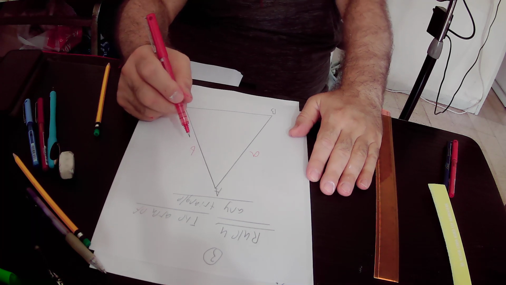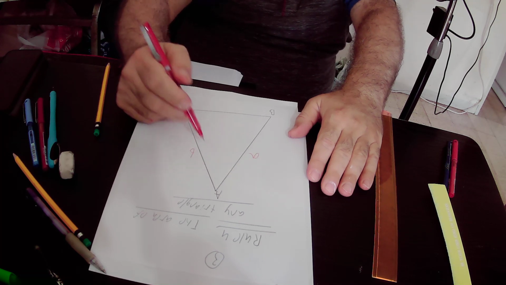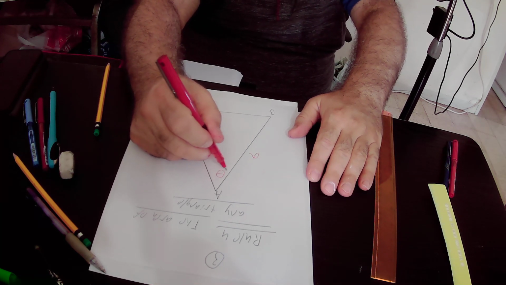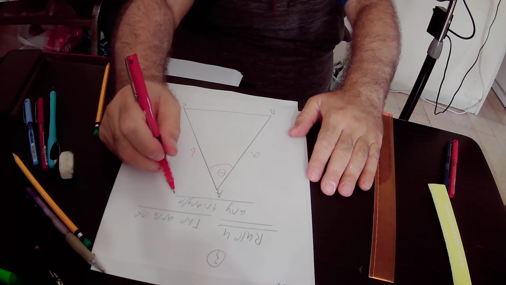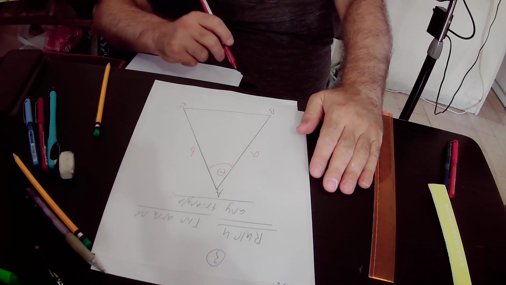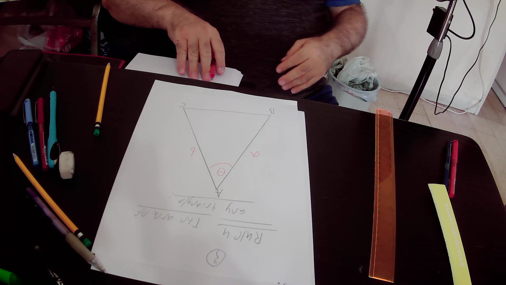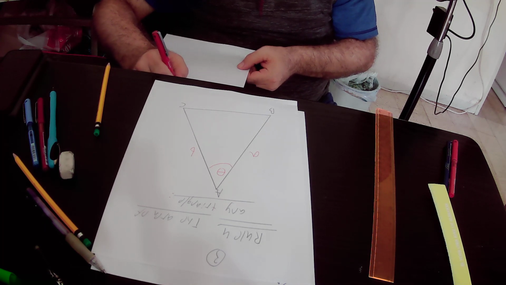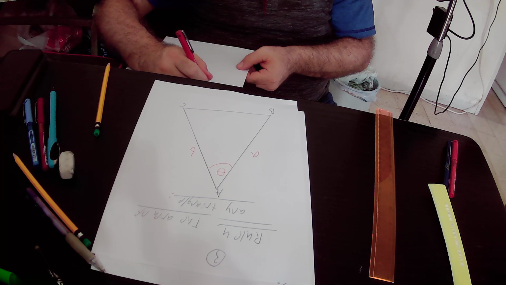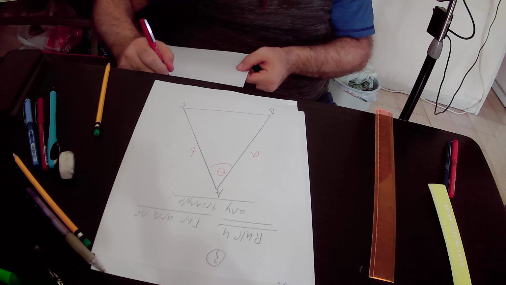And we also know that the angle between side AB and side AC equals theta. Then the area of this triangle ABC equals A times B times sine theta over 2.